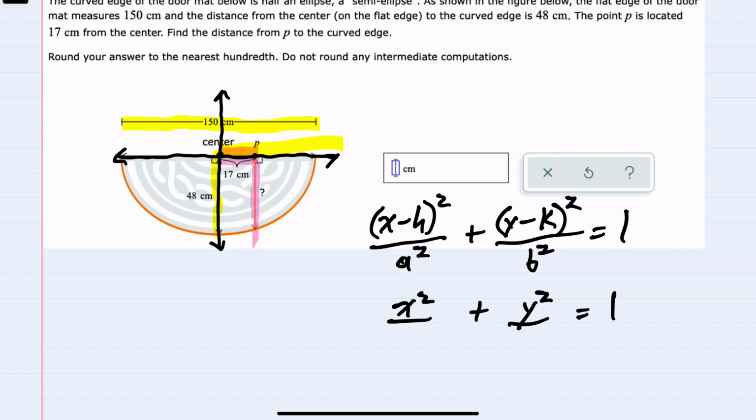A is the distance from the center along the major axis, which is 75. So this would be 75 squared. And then b squared is the distance along the minor axis, which we were given as 48. So this would be 48 squared.